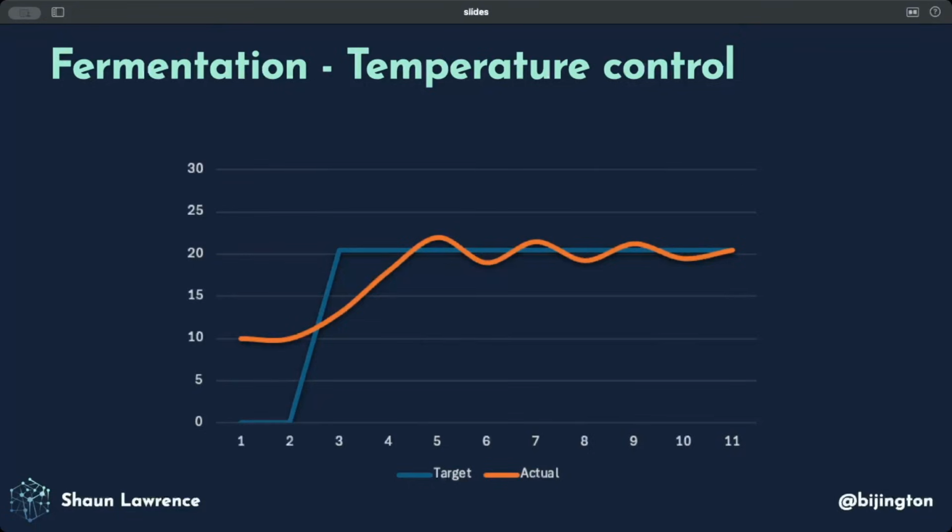One of the key inefficiencies here is that when we are heating up to a target temperature, once we reach that target temperature of, say, 20 degrees, I think 21 on this chart, we'll turn the heater element off, but there will be residual heat left in there, which means we will continue to be heating.